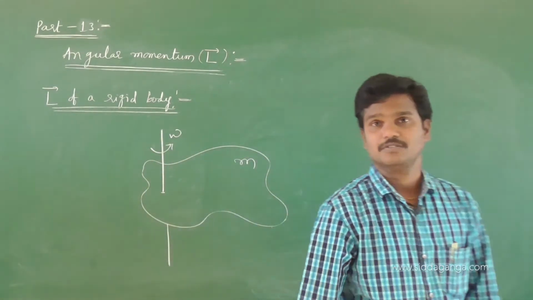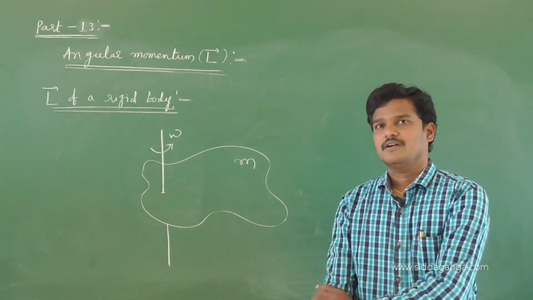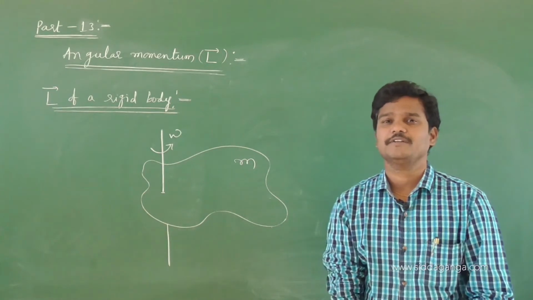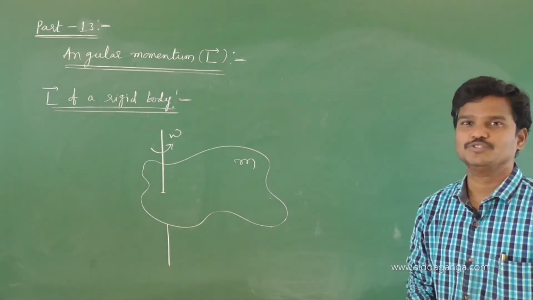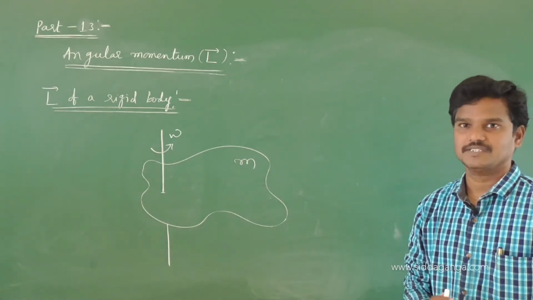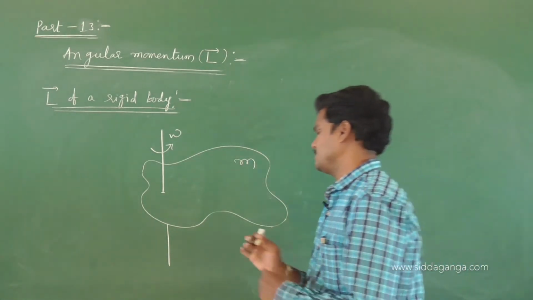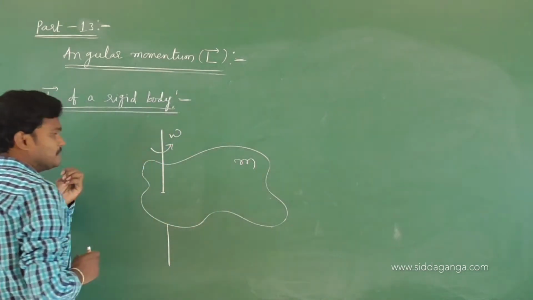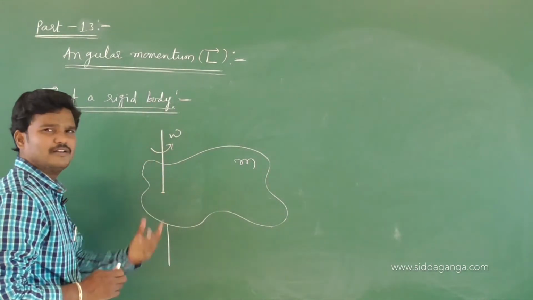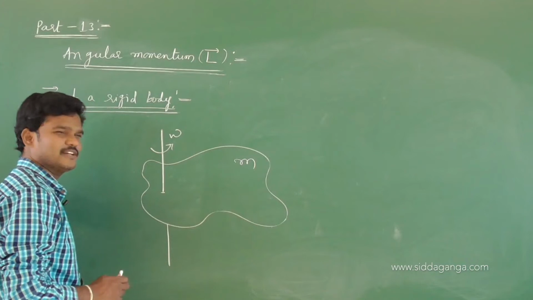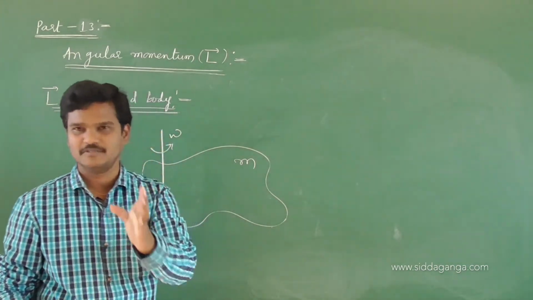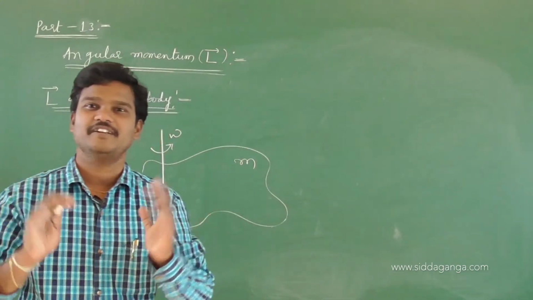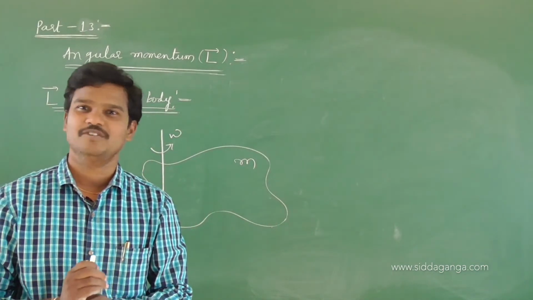I am going to find the angular momentum of this rigid body whose mass is m. To find the angular momentum, let us take a small part. Again I am going for integration, since I use a small part. Don't worry about the integration.